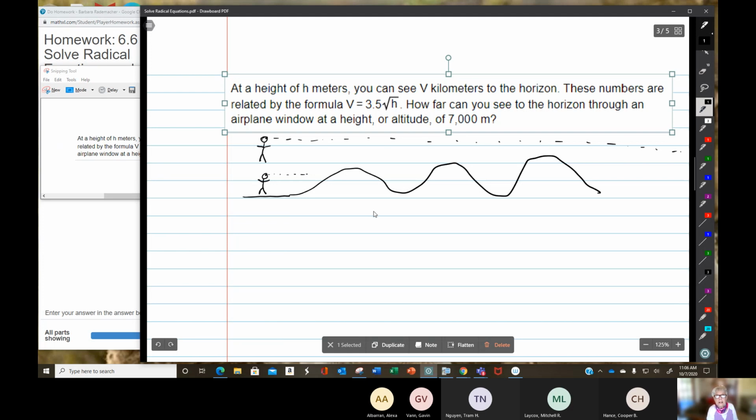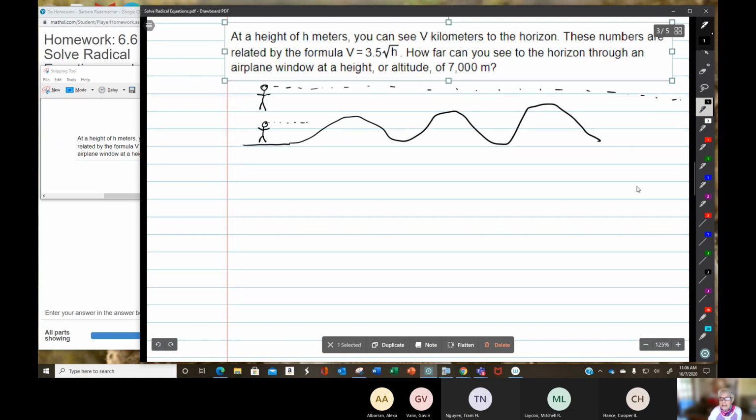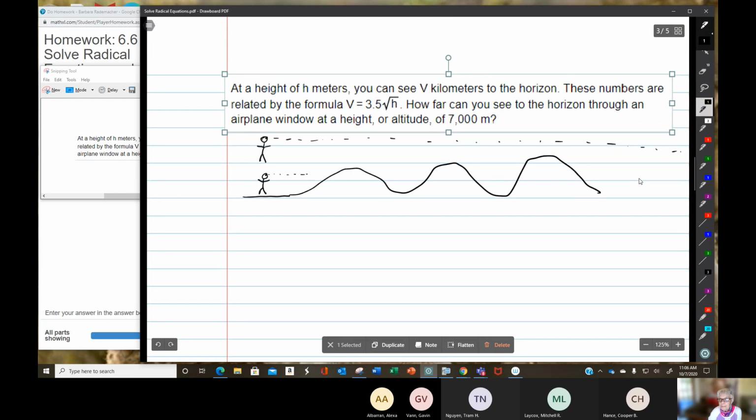Now our friend can see almost forever. Now that would take a certain amount of, I don't know, buoyancy.